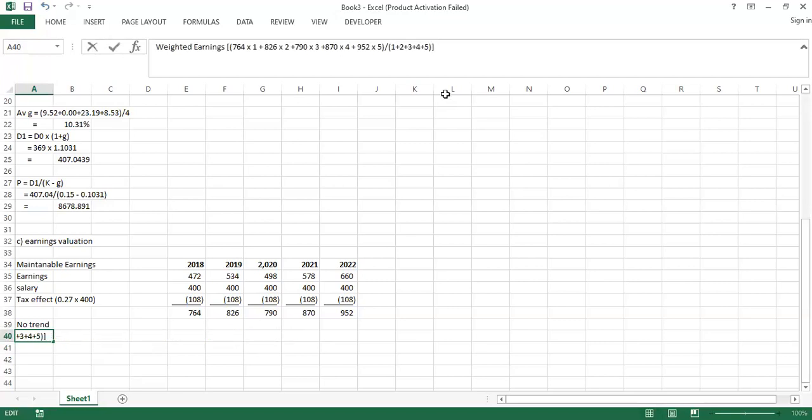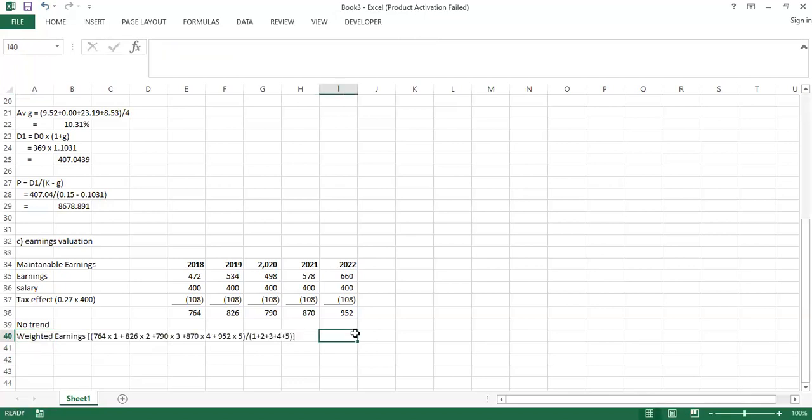So let's close that bracket there. What will that give you? That will give you your weighted earnings. So let's do the calculation, I think it will be faster. 764 times 1 plus 826 times 2 plus 790 times 3 plus 870 times 4 plus 952 times 5.